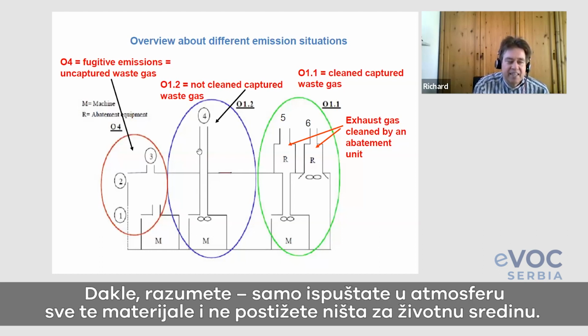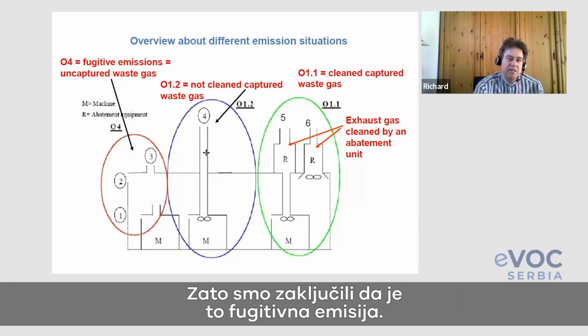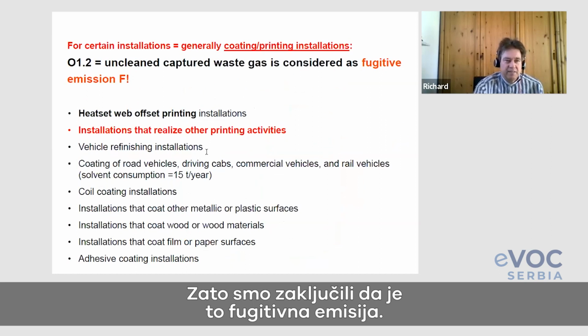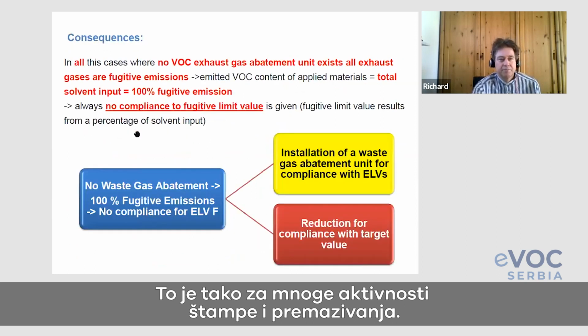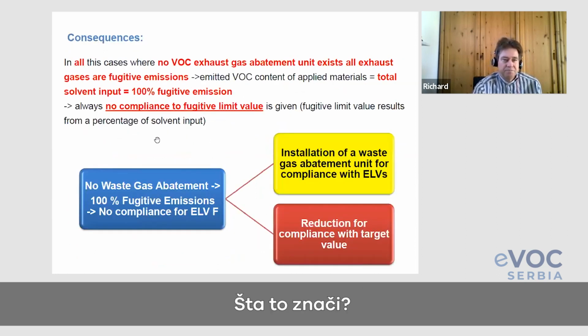So you understand, you would just blow off here the materials, but you achieve nothing for the environment. That's the reason we concluded that it is here a fugitive emission. And we do that for a lot of coating and printing activities.